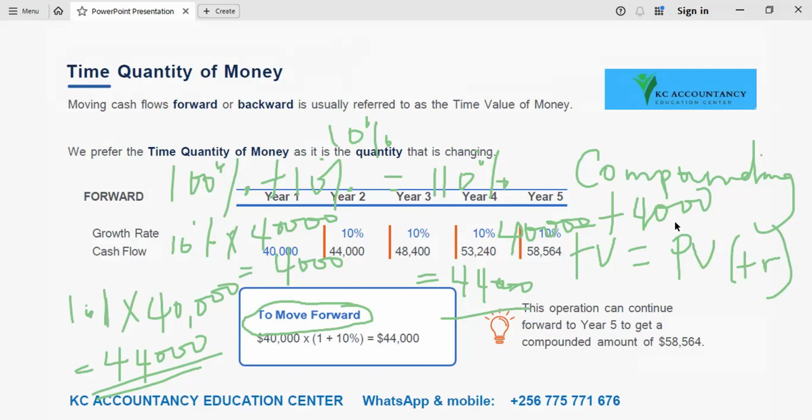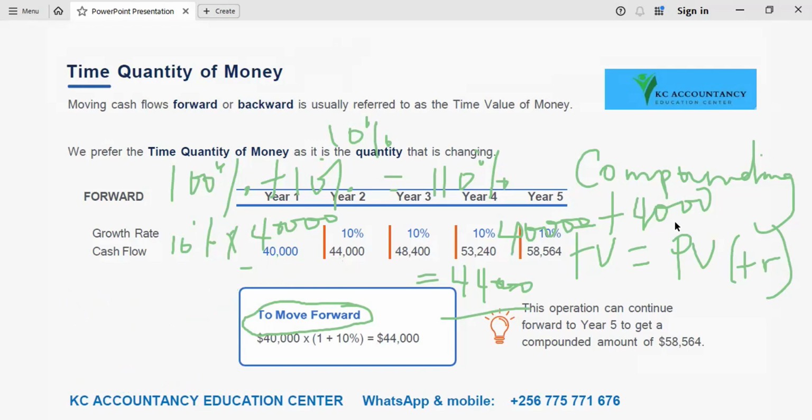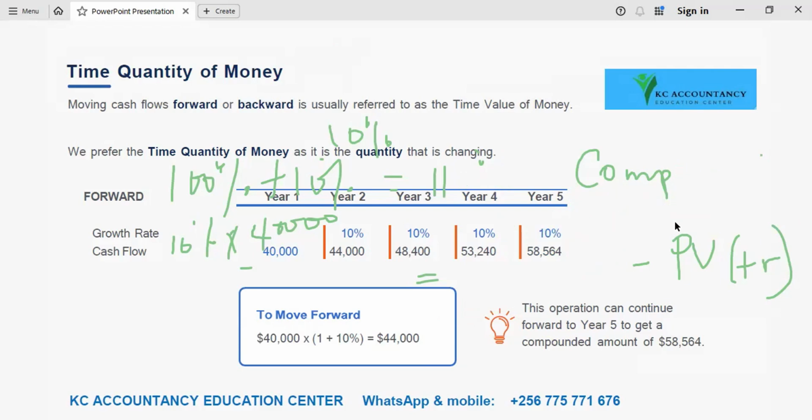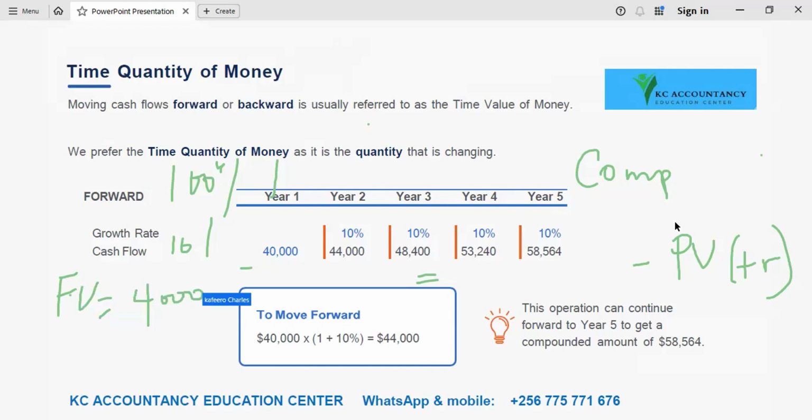But if you look at the formula that we have here, the one for future value, this is the formula that we use in financial management for computing the future value in the process of compounding. For us to get the future value, it will be 40,000, which is our present value, the value that we have today. We multiply that by the bracket, 1 plus what is the growth rate?